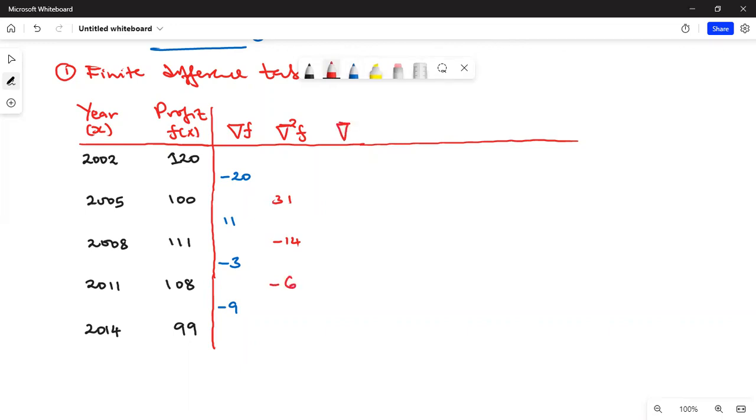Go to third order. Negative 14 minus 31 is negative 45. Negative 6 minus negative 14, that is 8. And lastly, the fourth order differences, that should be fourth order, not third.